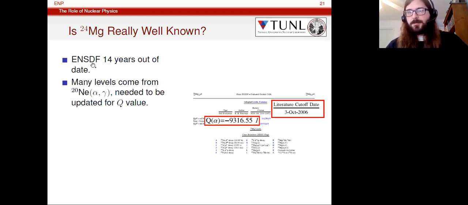So these were studied as resonances in this reaction, which means that the excitation energies are a function of the Q value for this reaction. Now, the Q value itself hasn't changed much in 14 years, but there's a rolling amount of errors where the Q value wasn't updated previously, and it just keeps compounding. And so some of these are severely off and need to be updated.